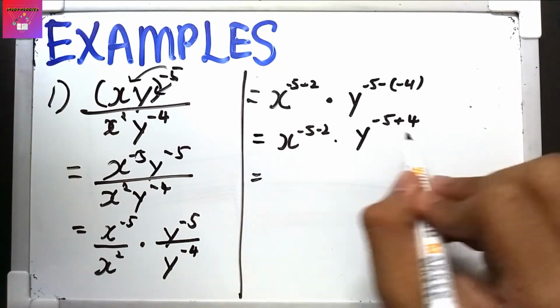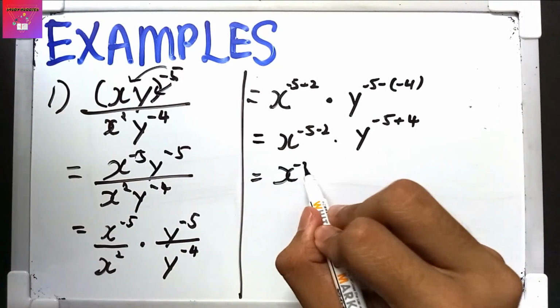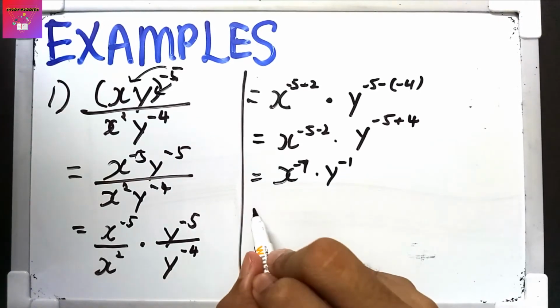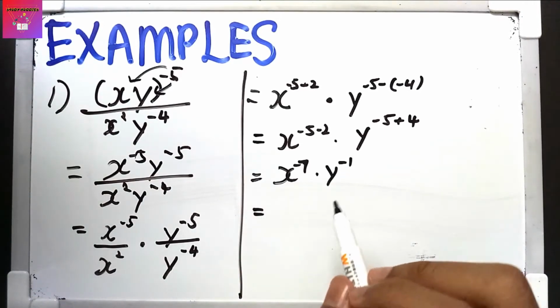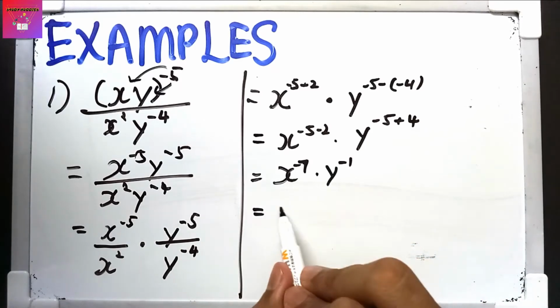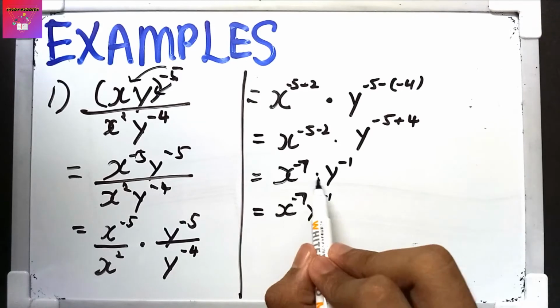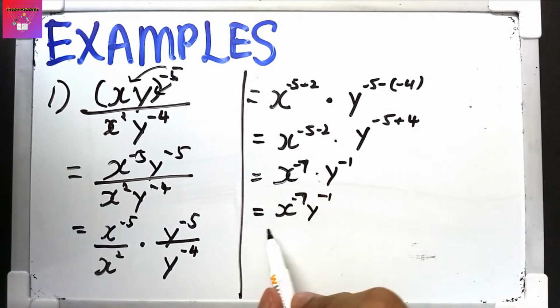So if we solve both sides, it's x to the power of negative 7 times y to the power of negative 1. So now the answer would be x to the power of negative 7, y to the power of negative 1, since we remove the multiplication dot.